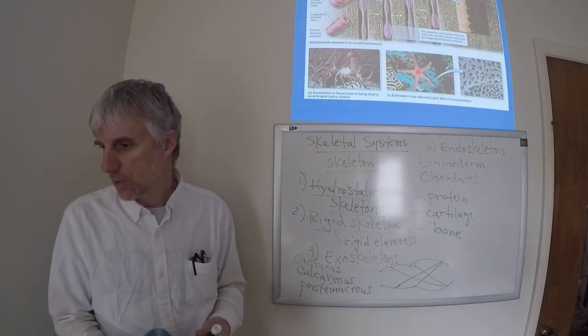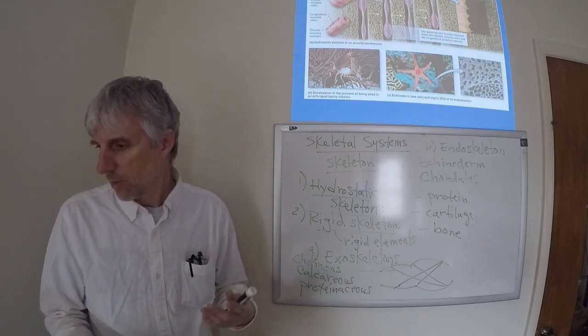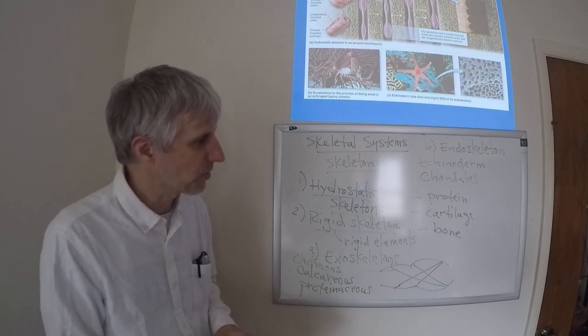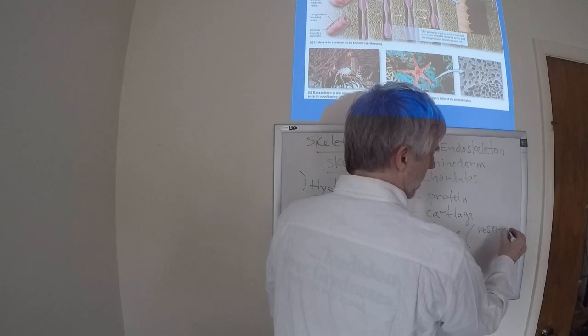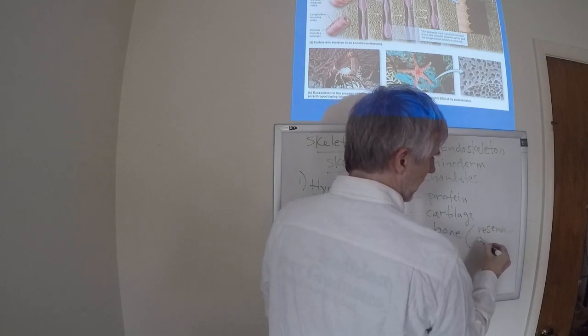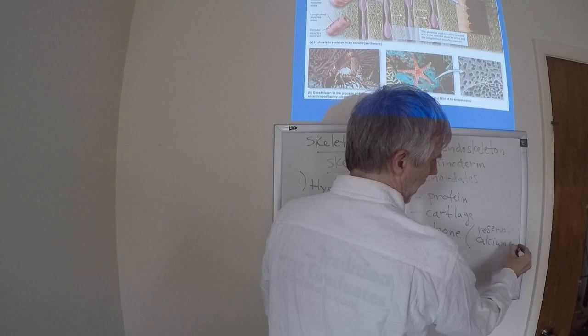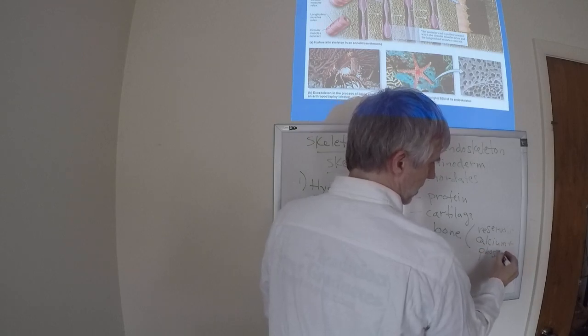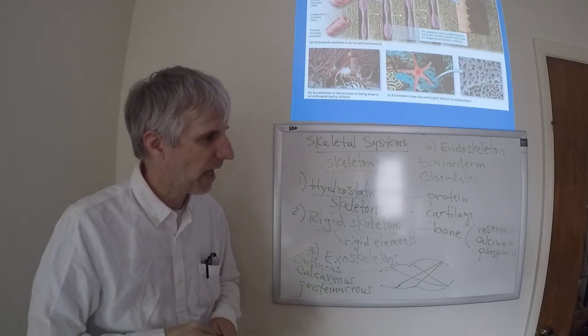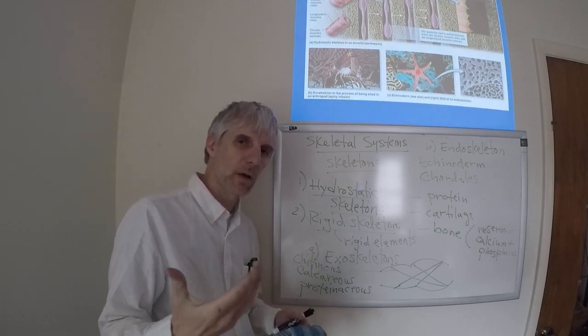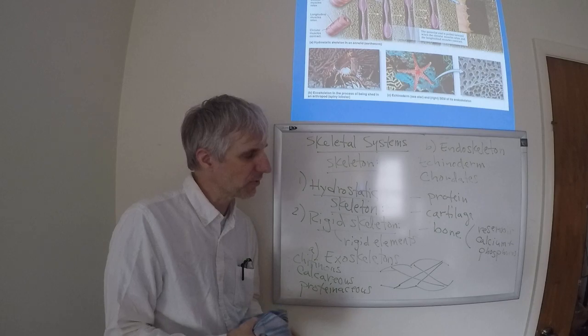And in addition to supporting and protecting, bony skeletons also serve as a major reservoir for calcium and phosphorus. The idea is it's handy to have a place where you're storing large amounts of calcium and phosphorus.